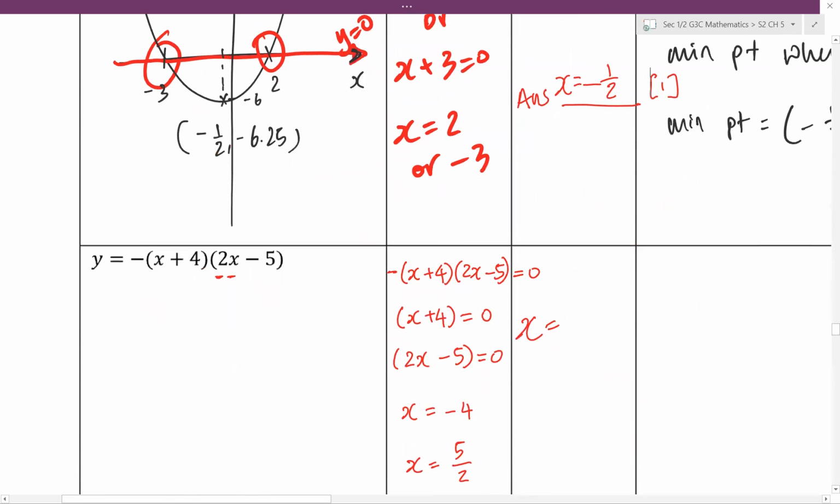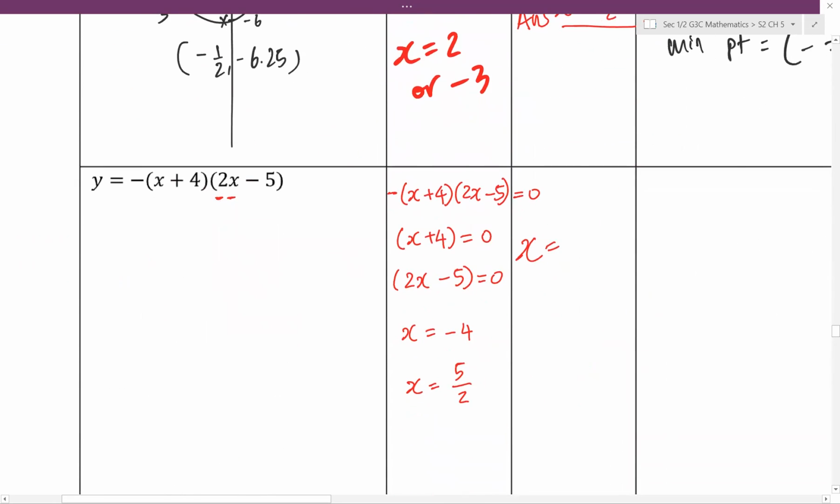Okay, so next case. Look, you have already written down x equals. So we have our two values of the x-intercepts, -4 and 5/2. Are you able to find the average? Got a calculator? Don't be afraid, use a calculator.